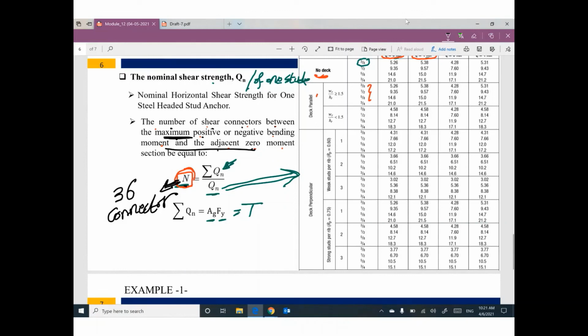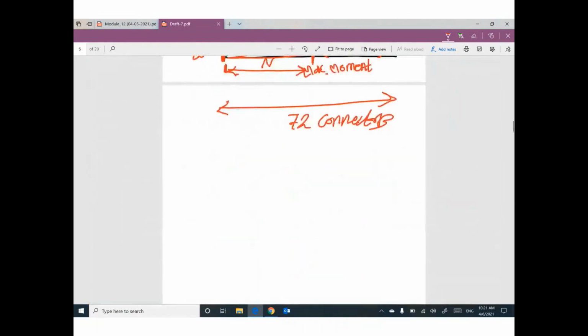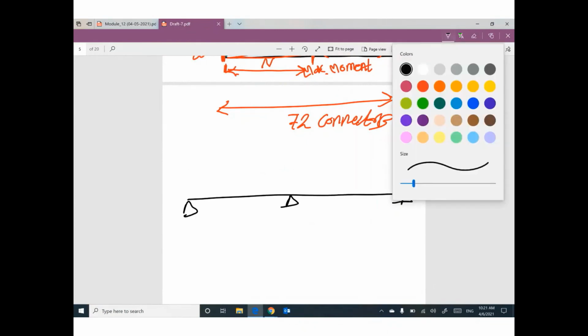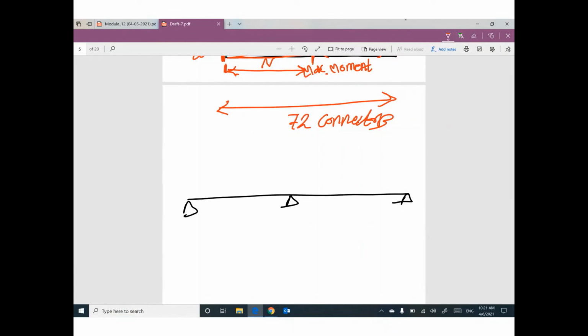Or if your beam is continuous, your bending moment diagram looks like this.